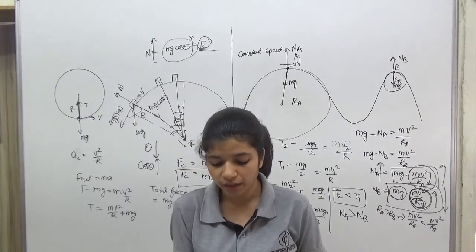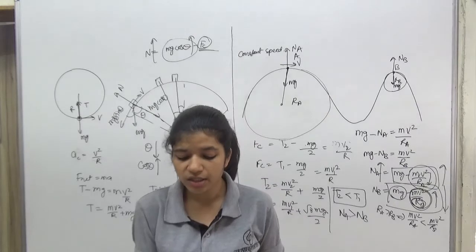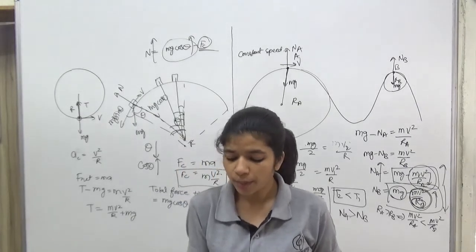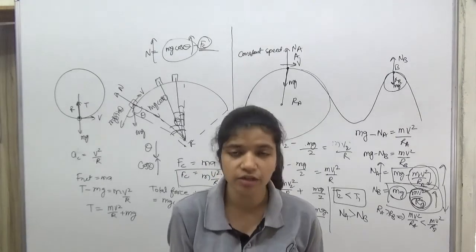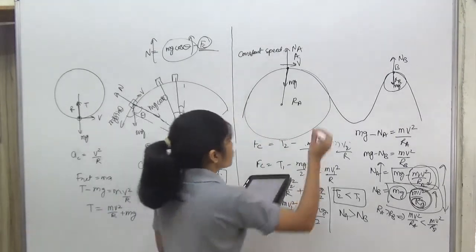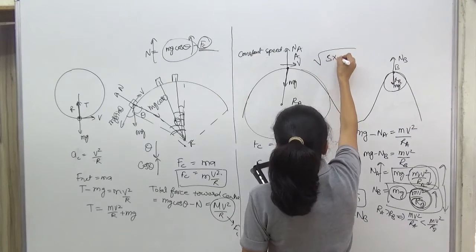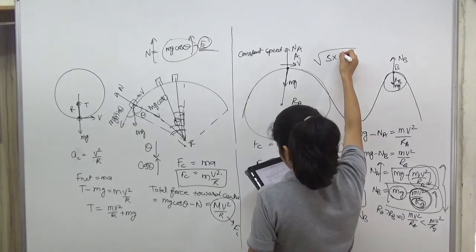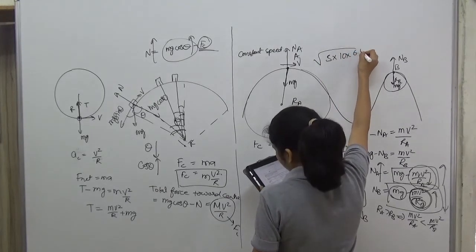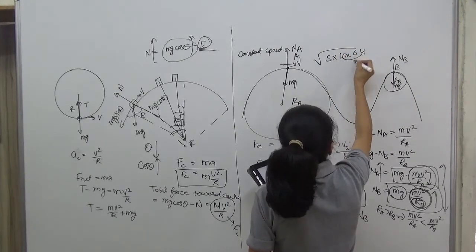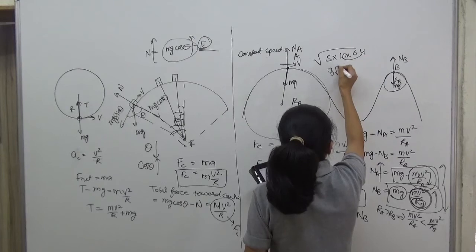Question number E9. A hollow sphere has radius 6.4 meter. Minimum velocity required by a motorcyclist at bottom to complete the circle will be root 5gr. So root 5g, g क्या लेना चाहिए, 10, into r. r is 6.4. So ये तो हो जाएगा 64. So बाहर आएगा 8 root 5.